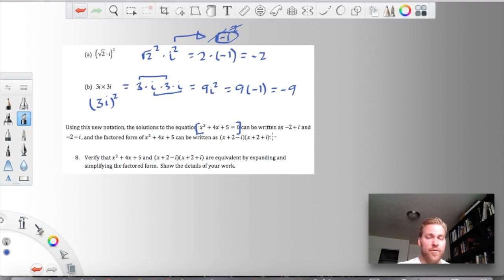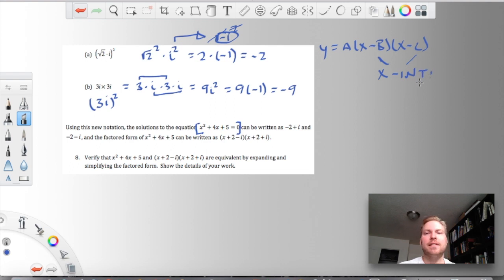Remember, your factored form would be y equals a times (x minus b) times (x minus c), where your b and c values are the x-intercepts, right?